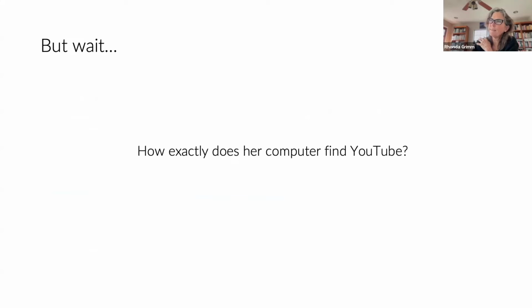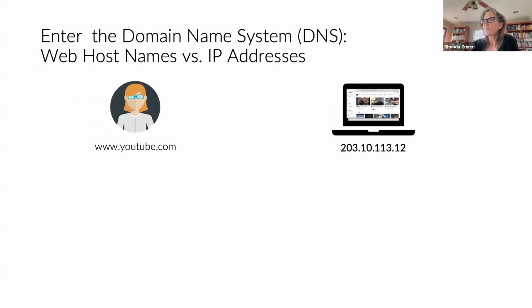But wait, how exactly does her computer find YouTube? How does she know YouTube's address? So enter the domain name system, DNS. You've heard this probably a billion times. What's helpful here is that humans think in terms of names. We think in terms of youtube.com.